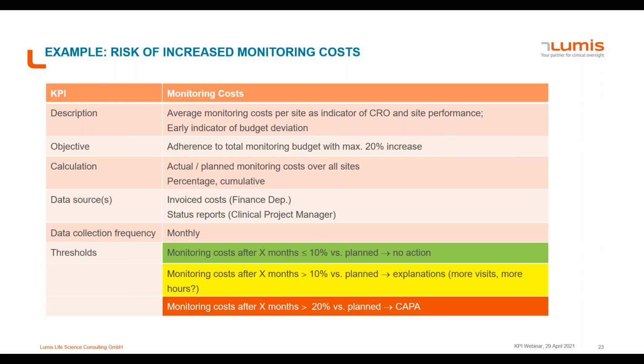There are different possibilities, but usually or very often it's a problem at the site. Monitoring costs after a certain number of months that already exceed the 20% plus versus the planned costs definitely require action. And with that, next.